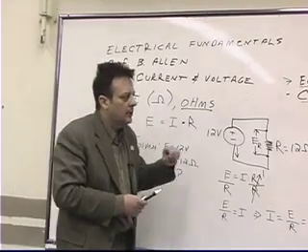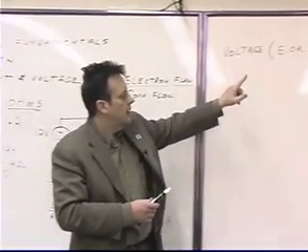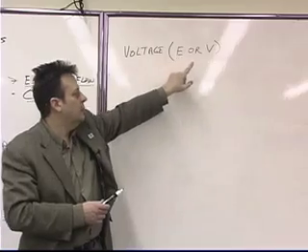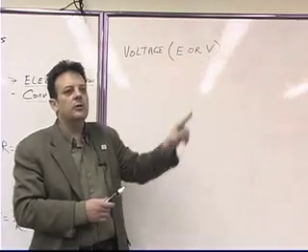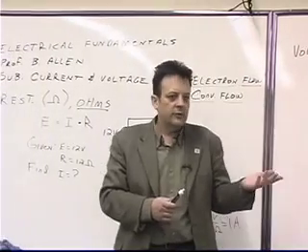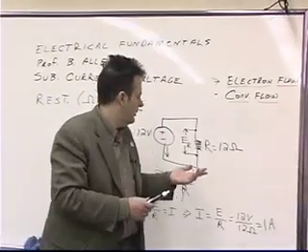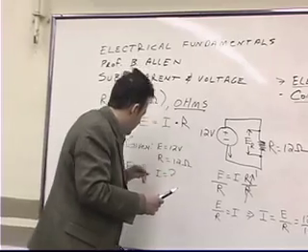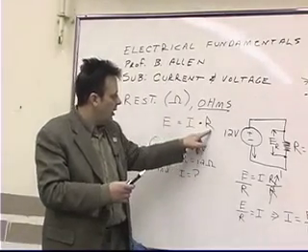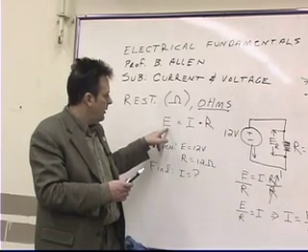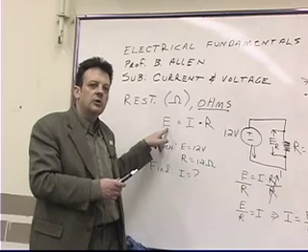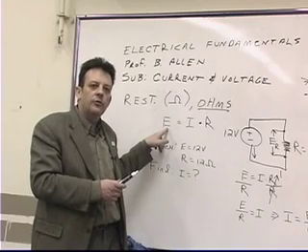Like in our book, they'll use E in the formula, and then they'll use V as the unit. To our author, that makes better sense, because if you look back at this formula, E equals IR, E is the letter in the formula, but it has a unit of volts, or V.